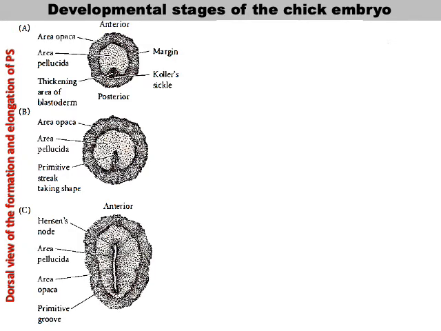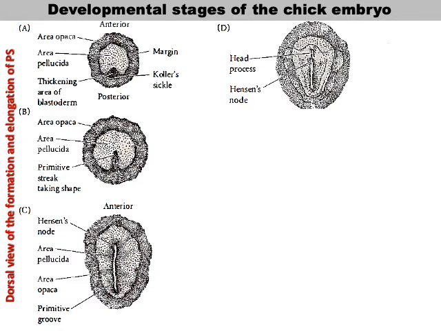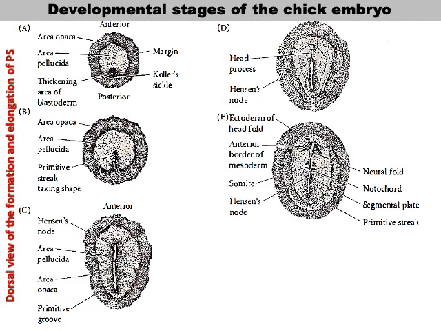Soon after that, the primitive streak reaches the anterior, with the head of the primitive streak called Hensen's node. These three stages show the dorsal view and the formation and elongation of the primitive streak. In figure D, you see that the head process starts to develop with the regression of the Hensen's node and the primitive streak.